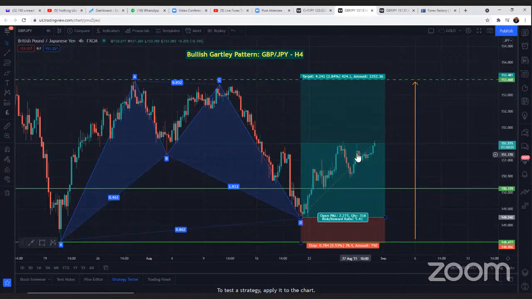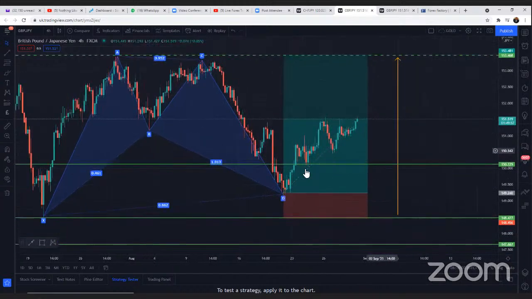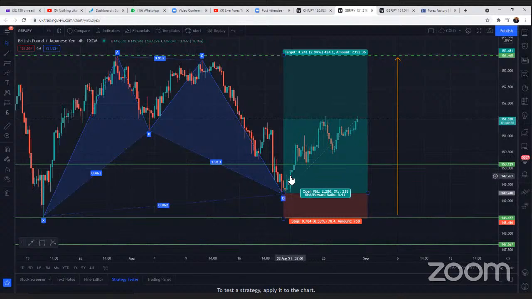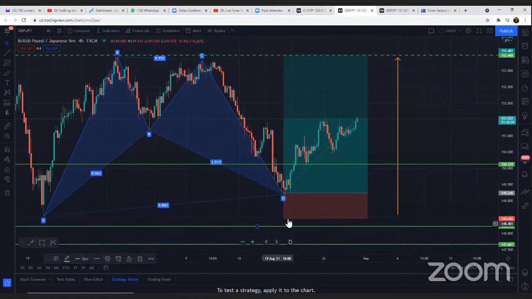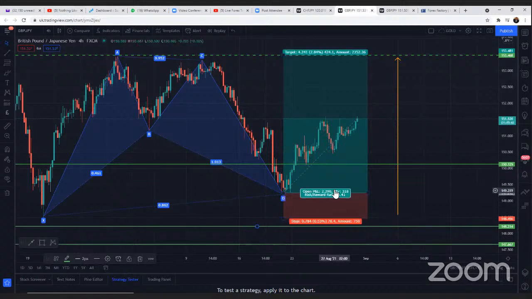We are halfway there now. So if the market goes against us, this is where we want to come out, here. And you can see the risk reward is quite good.